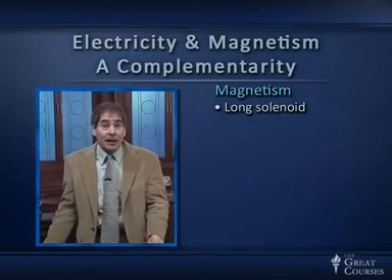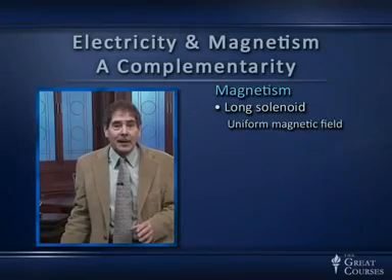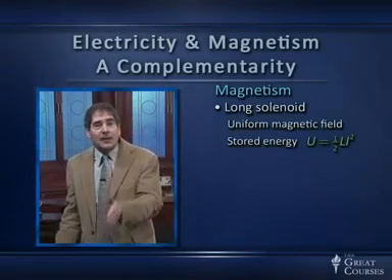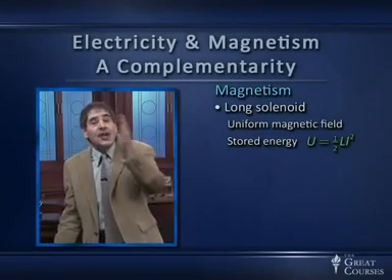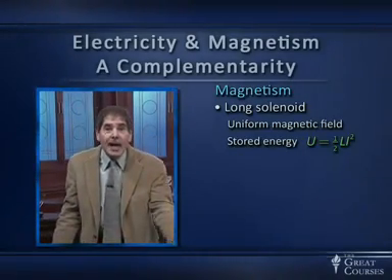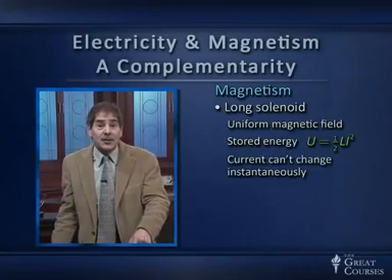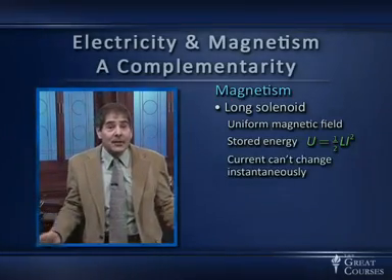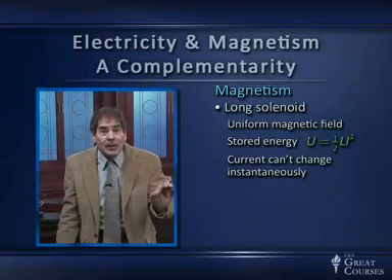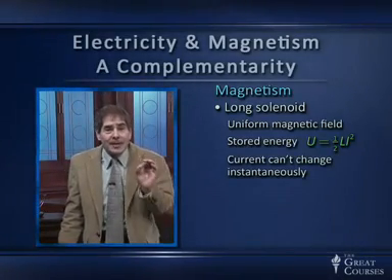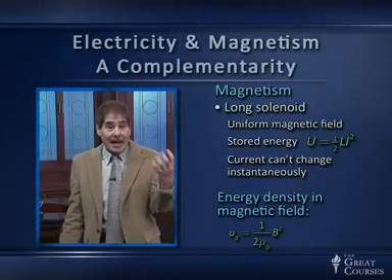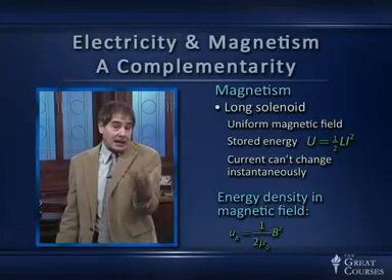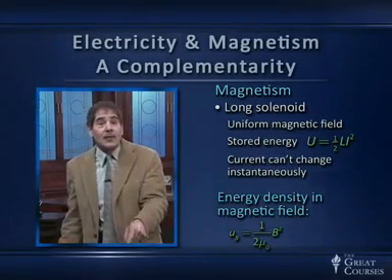It's the magnetic analog because it creates a uniform magnetic field. It has stored energy 1/2 L I squared, the inductance L playing the role of capacitance C, the current I playing the role of voltage V, and the current, as we saw, can't change instantaneously. If you try to make it change instantaneously, as we've seen, you can have disastrous results. Finally, we reach the profound conclusion that there is energy density in magnetic fields, and it is 1/2 times a constant, this time the magnetic constant, or 1 over it, times the strength of the field squared.